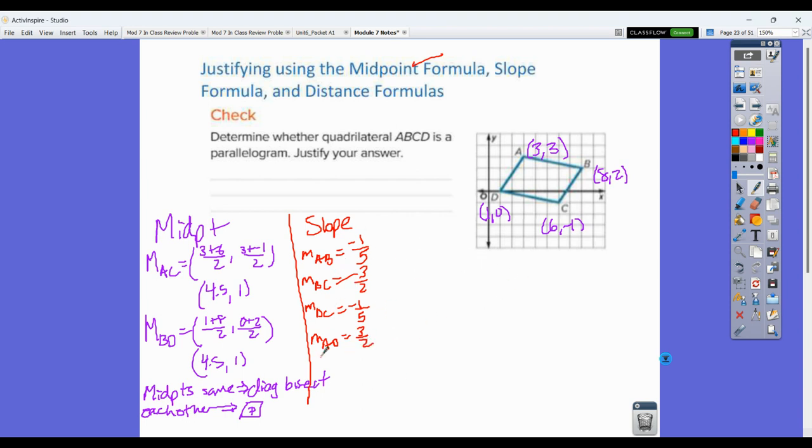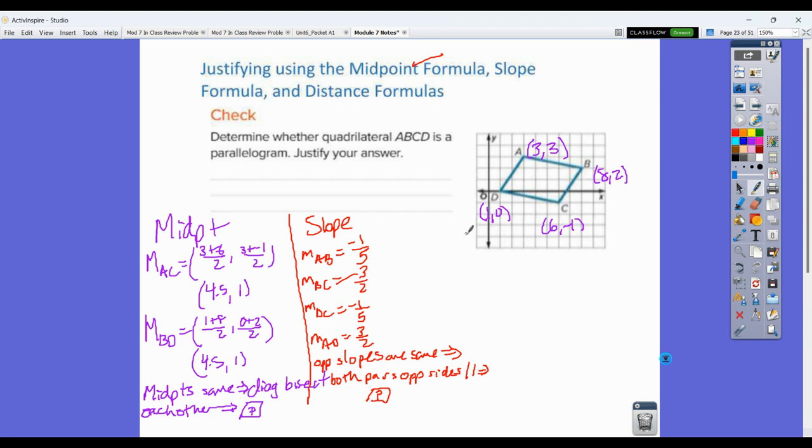So we have all of our slopes written, and then we can say that since the opposite slopes are the same, that implies that both pairs of opposite sides are parallel, which implies that you have a parallelogram. Not completely written out, but that's the idea of what you can do there.